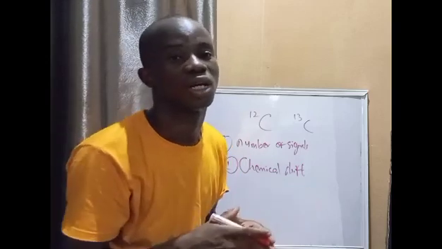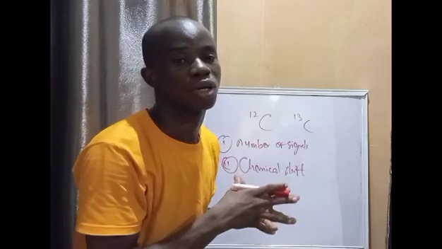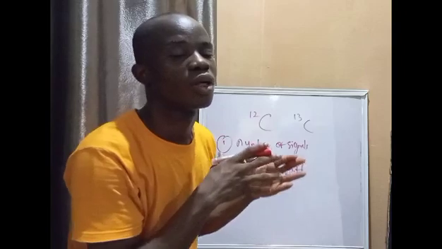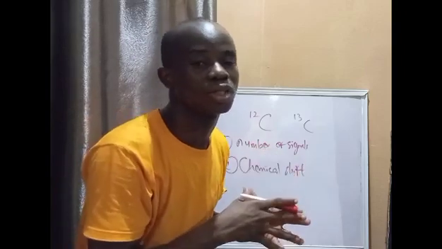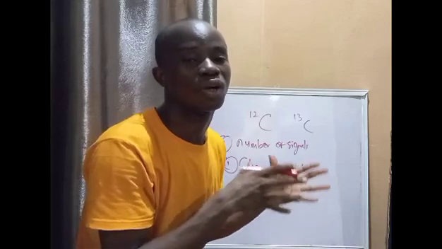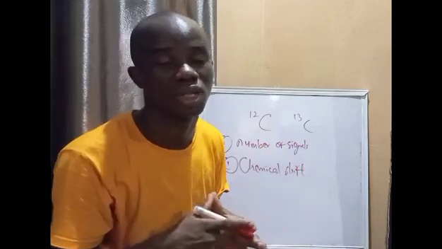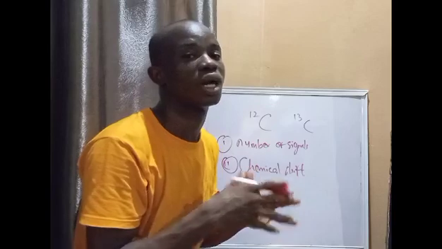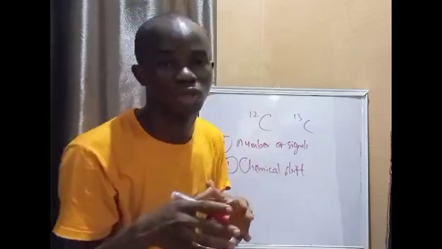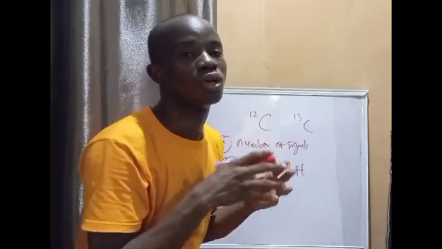That's when you have protons with high chemical shift. But when you have hydrogens or signals that are very far from a highly electronegative system, or very close to an electron donating group, such protons usually have low chemical shift.